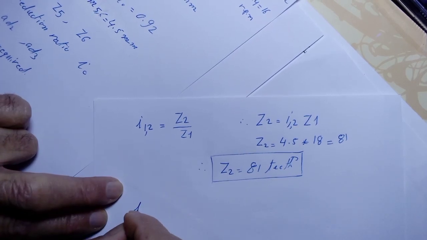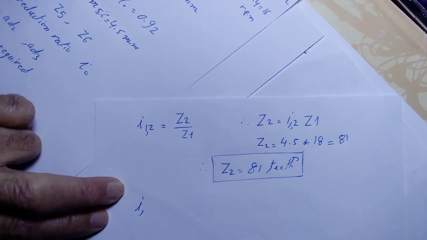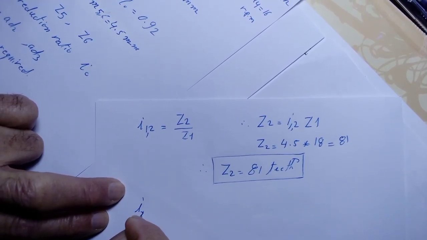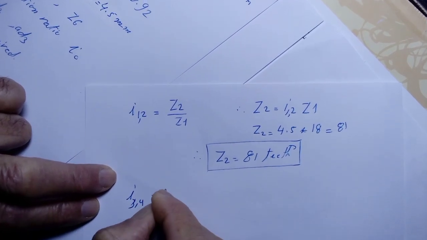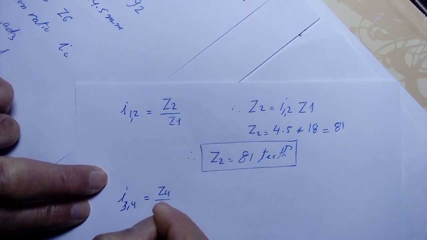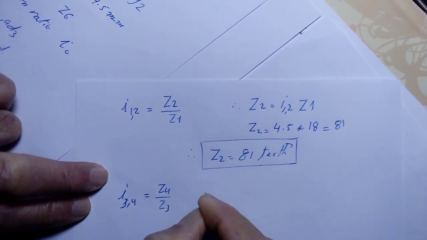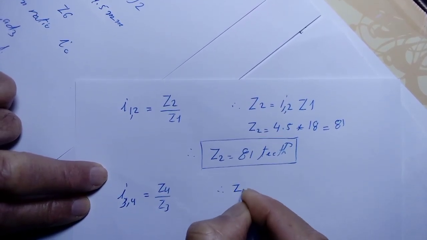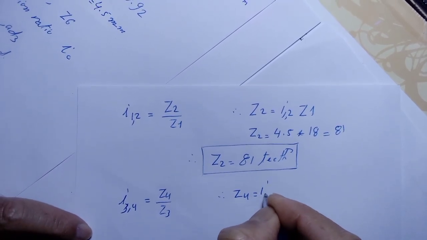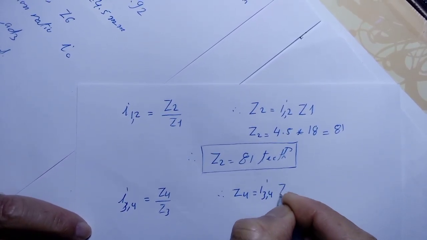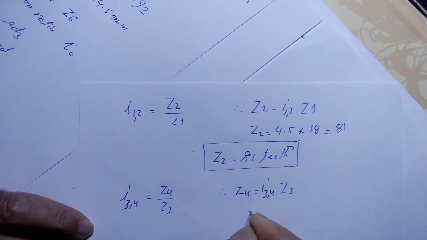Number 2. I34 is equal to Z4 divided by Z3. Then Z4 is equal to I34 multiplied by Z3.